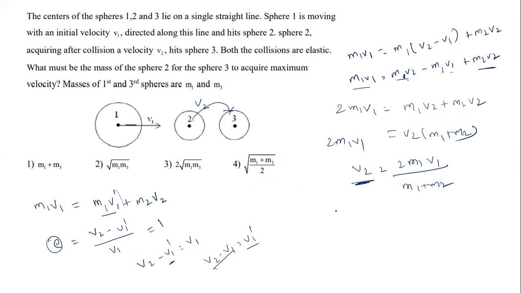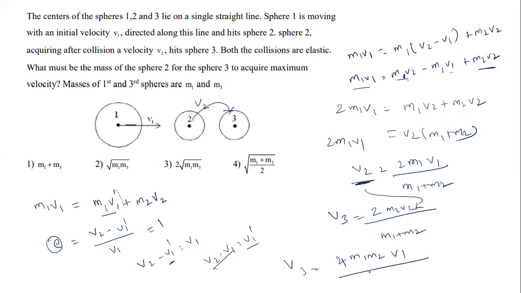Clear. So V3, similarly, you will get V3 is equal to 2M2 V2 by M1 plus M2. This V2 substitute here. Then V3 is equal to 2M1 M2. So 2 into 2, 4. V1 by, what do you get? M1 plus M2 into, here it is what?